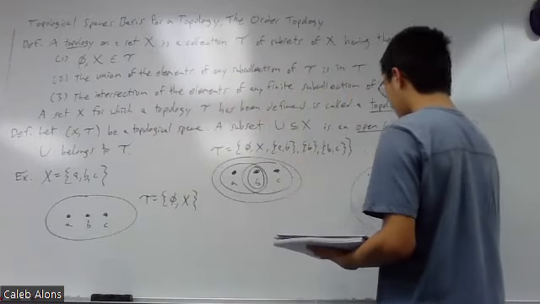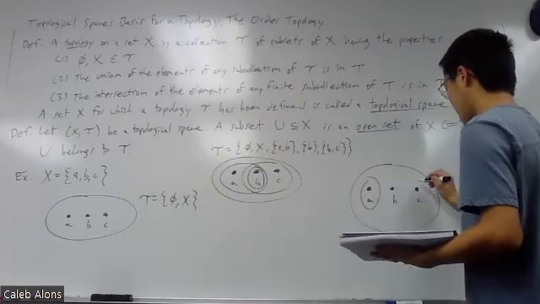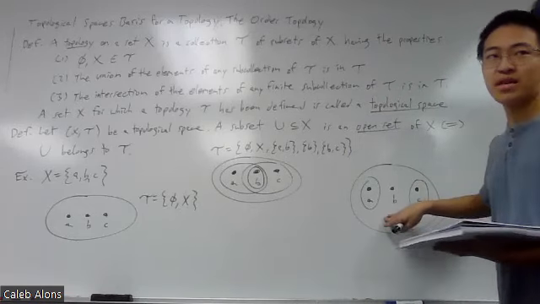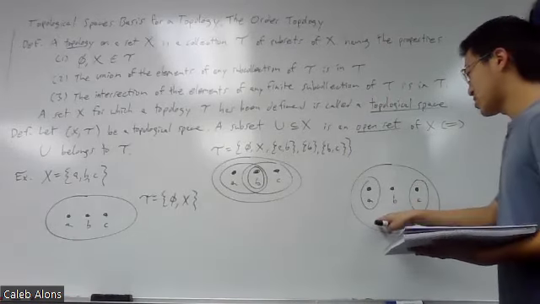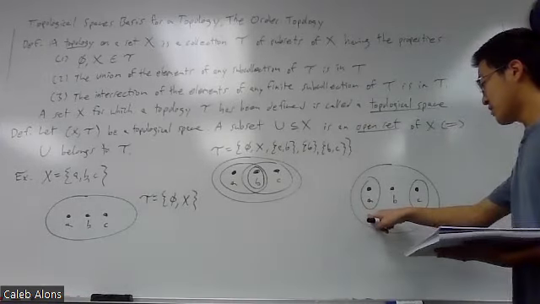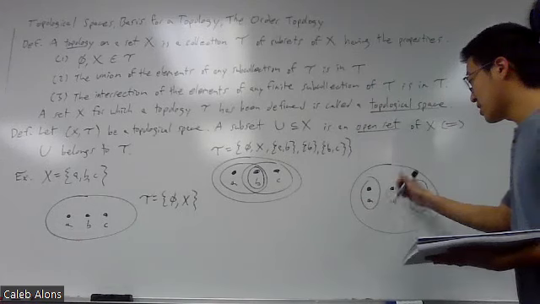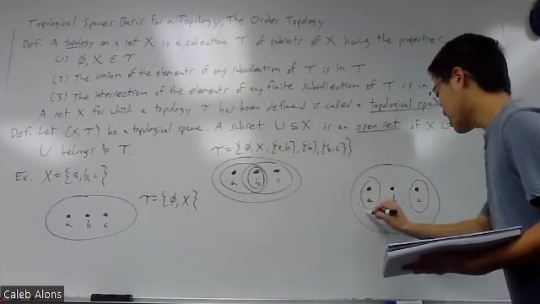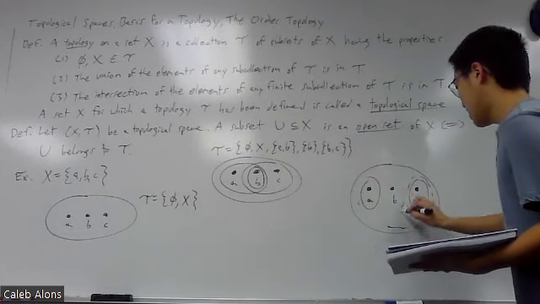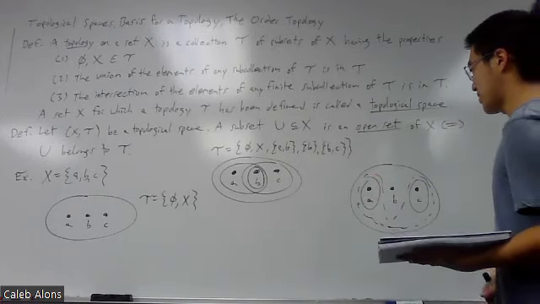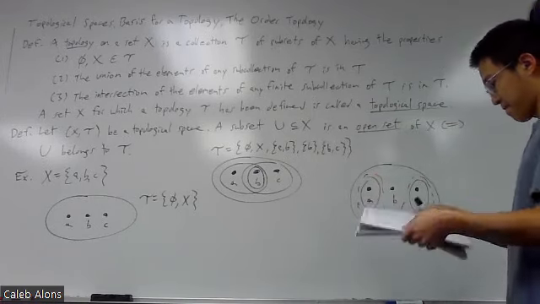If I take A and then I take C, just because I take any collection of the subsets doesn't necessarily mean this is a topology. Because here, this is violating the condition if I don't have A union C in here. I would need to add AC like this. So that would be a topology, but without it, it's not a topology.